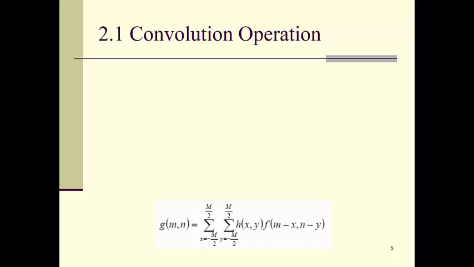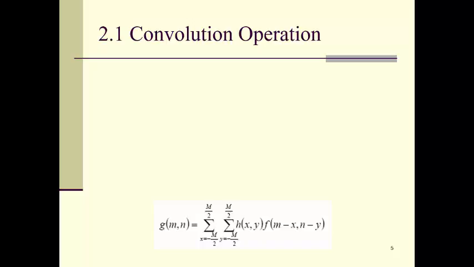So here what will happen is that, as you know, how can I describe the convolution? What is the operation that needs to be done in the convolution? Shift, multiply, add, right? So in this case I need to make a shifting. The shifting is done here. If you notice the parameters here, I have x and y, and here I have n minus x and n minus y. Okay?